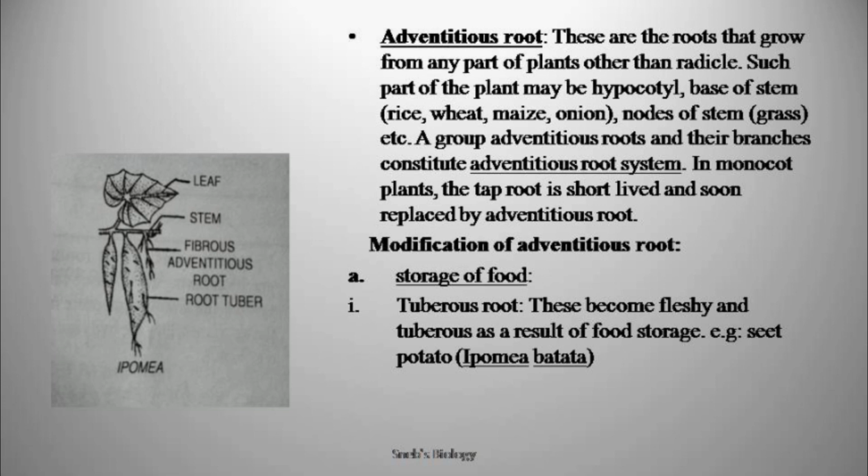The adventitious root system is mainly found in monocotyledonous plants. In monocotyledonous plants, the taproot is short-lived and soon replaced by adventitious roots.